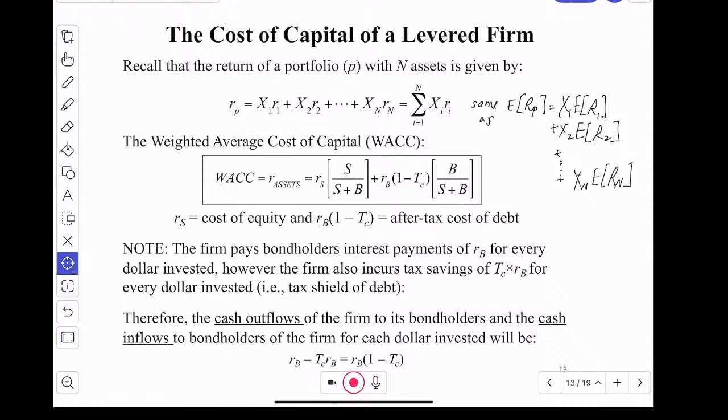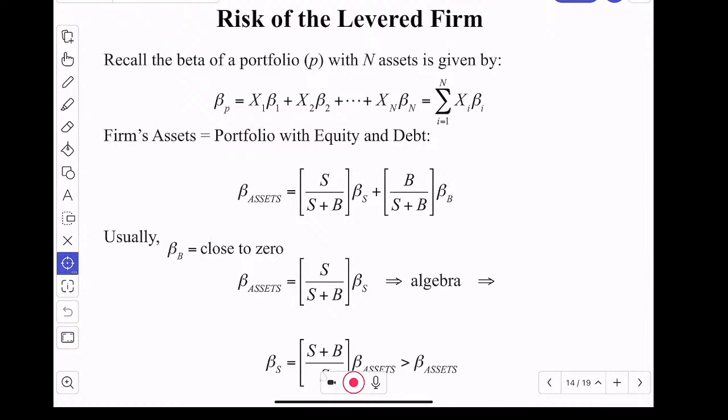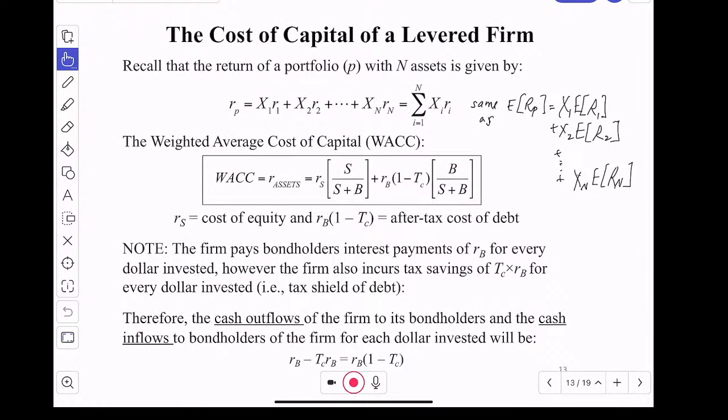So it simplifies to this amount. So that's why we get this term. So that's how we calculate the return when a firm has debt and equity issued.